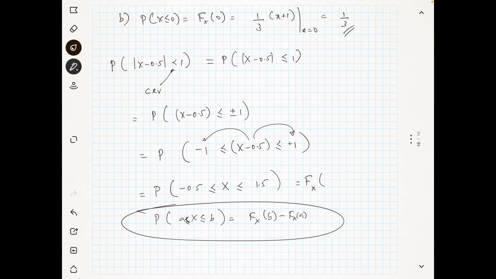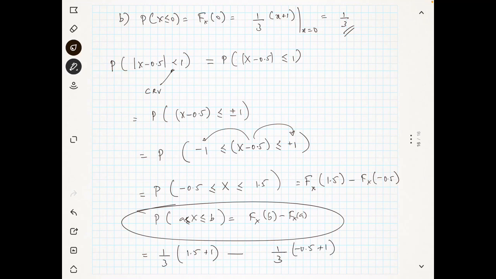So this is nothing but Fx of 1.5 minus Fx of minus 0.5. Okay, so you can substitute it directly. So it will be 1 by 3 into 1.5 plus 1, minus 1 by 3 into minus 0.5 plus 1.